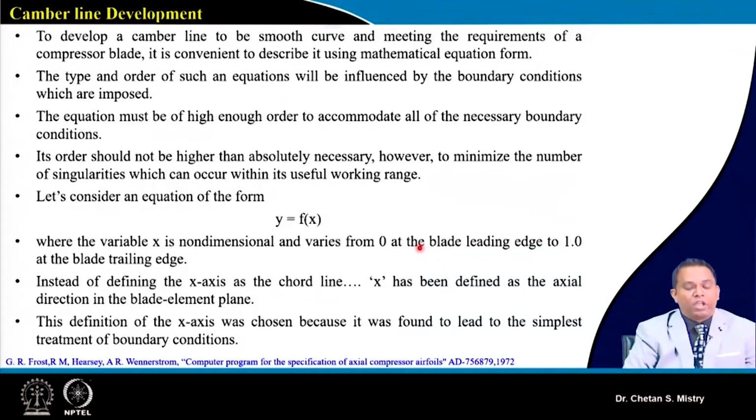We can represent any camber line equation as y is equal to a function of x, where x is mainly considered as the chord length, but for the sake of brevity here we are considering x as location rather than defining it as a chord, because that will help us in solving the equations.